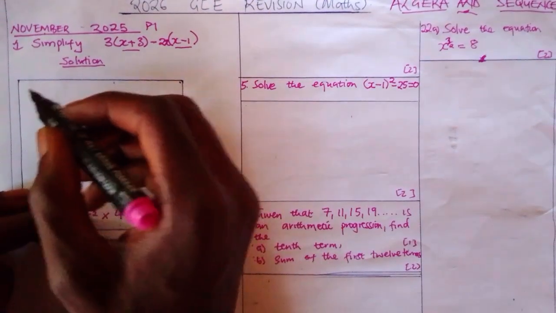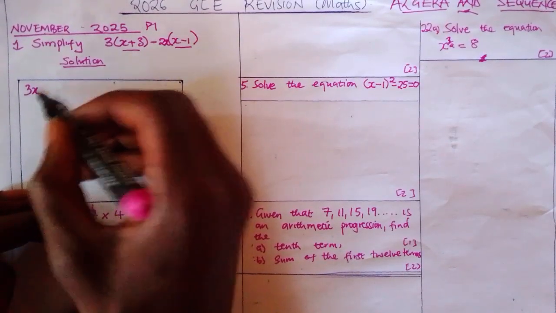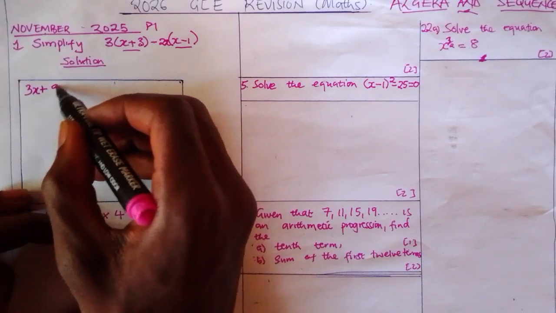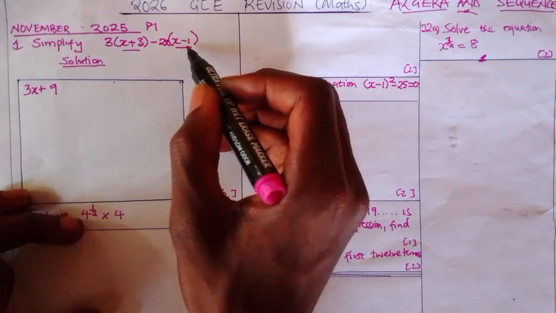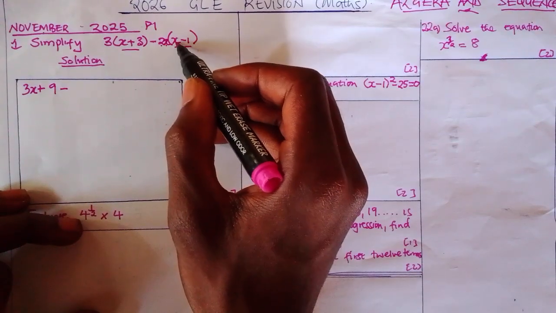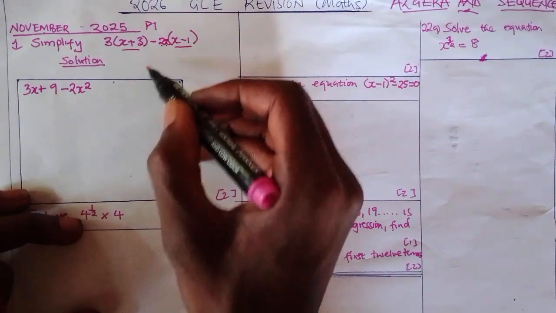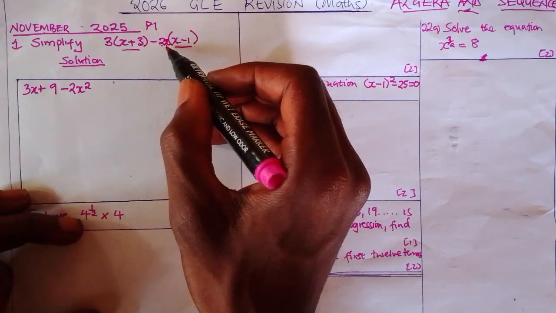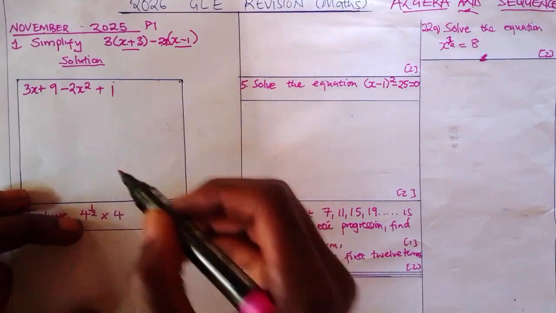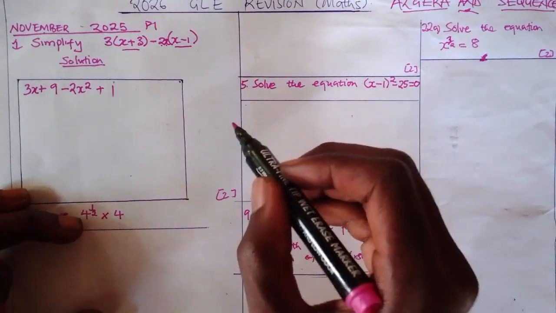So we are going to say 3 times x, we have 3x. 3 times 3, we have 9. Then you come this side, you say negative 2x times x, we have negative 2x squared. Again, you say negative 2x times negative 1, you have positive 2x. So again, here is where students get the answer wrong.